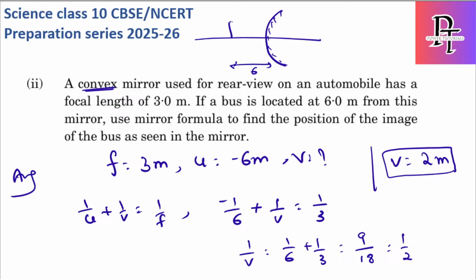We have the reflection such that it is reflected through the focus. Then we have this C, the center of curvature, backwards. So here is the image created and this distance is 2. Okay, let's move to the next one.